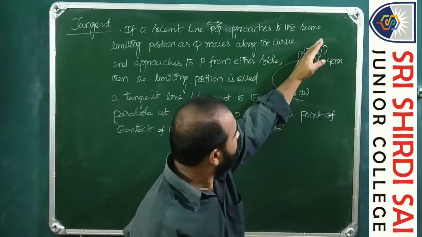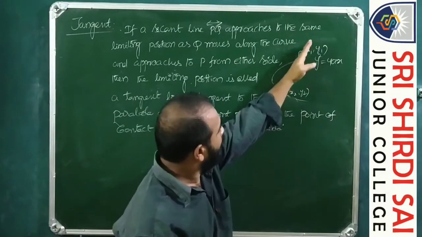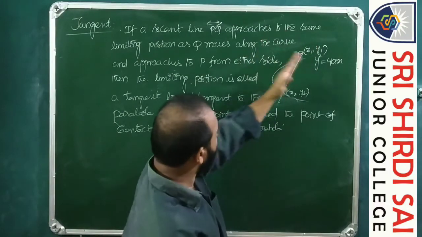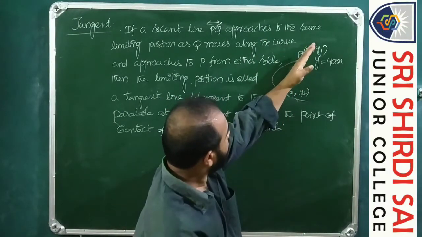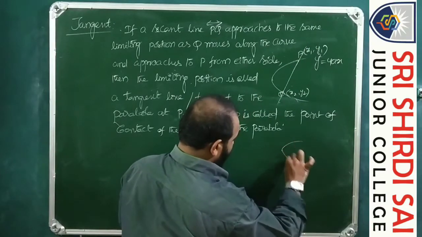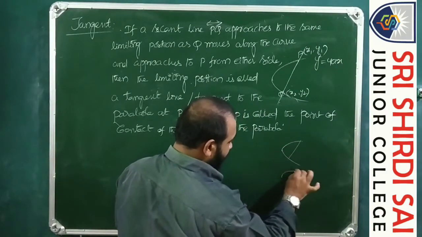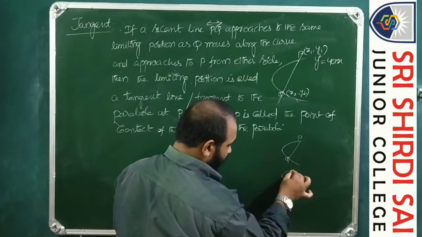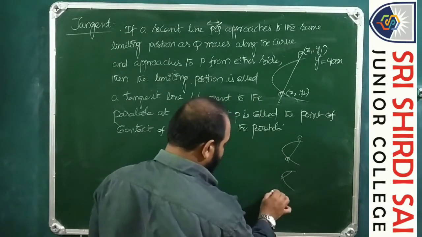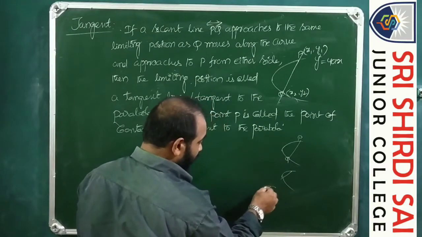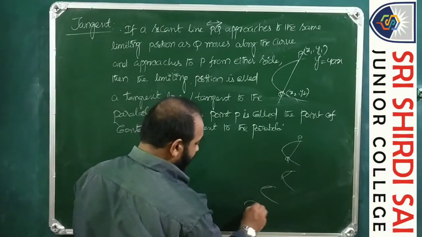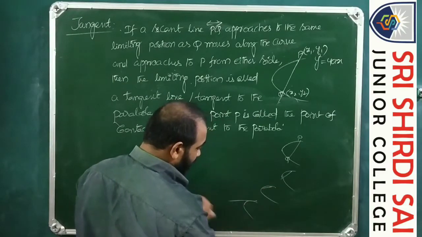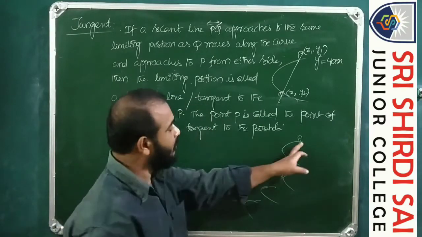So actually if you keep on moving this line, so this is P, this is Q. So this time it will be this, and again if you move it will be this, and again you move, until this chord becomes a tangent to this parabola.